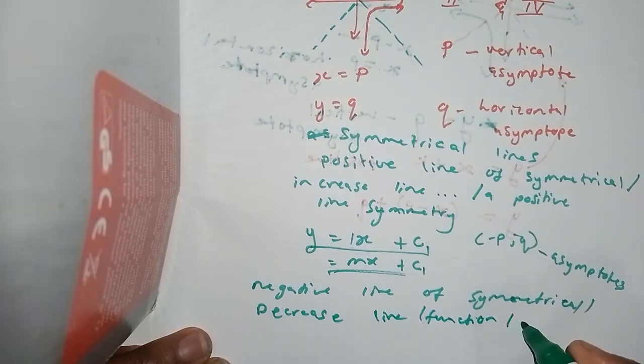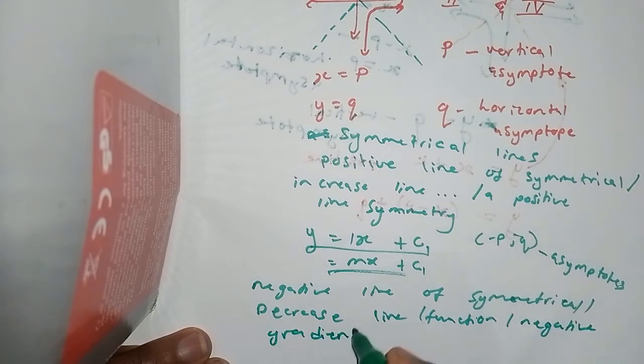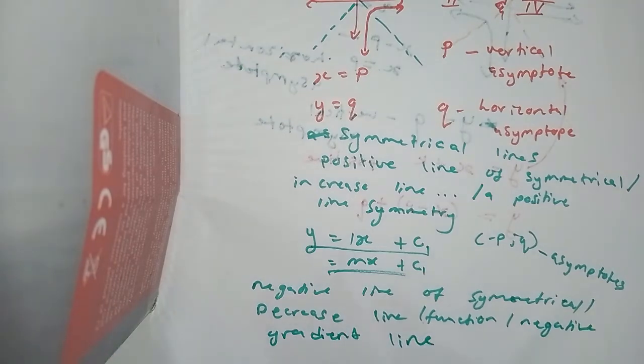Sometimes called a negative gradient line, right? So if they say one of the 3 sentences, never be confused. You must just know that they are talking about the line of symmetry.